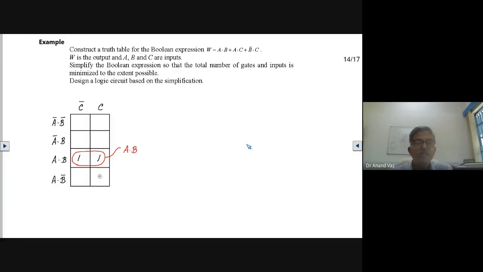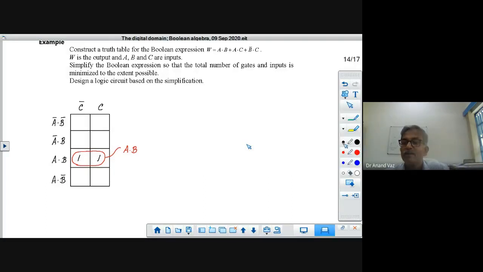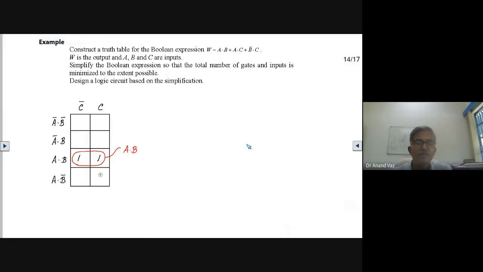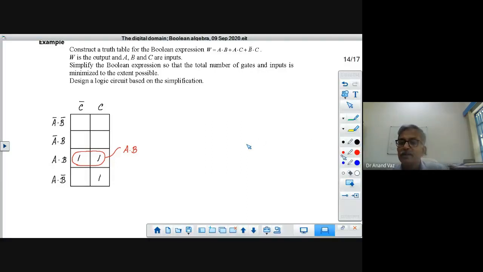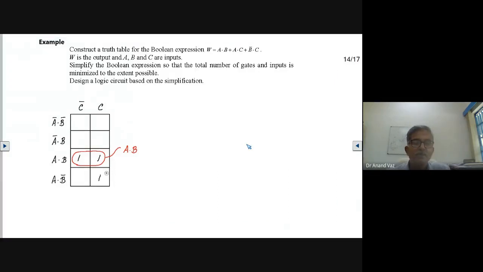So we will have to place a 1 here, because we have to make a transition for B. So if we place a 1 here, A's state is remaining the same and also C's state is remaining the same, but B is transiting to B complement. And so here we have the second pair. So let us mark this pair also.